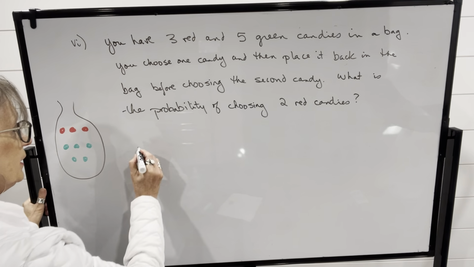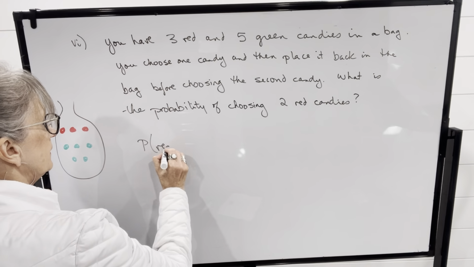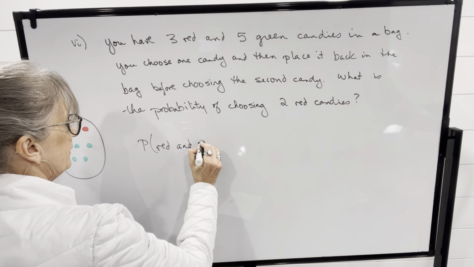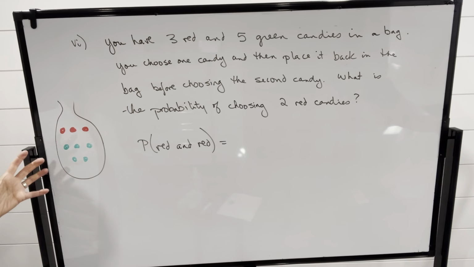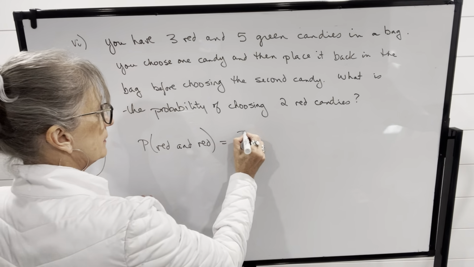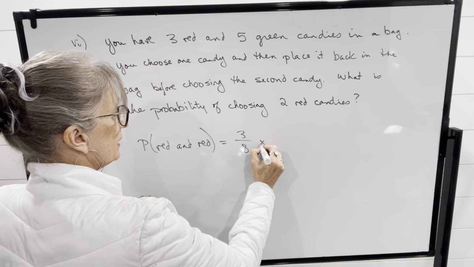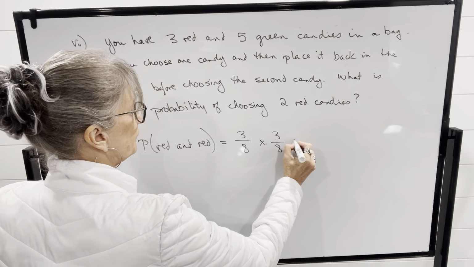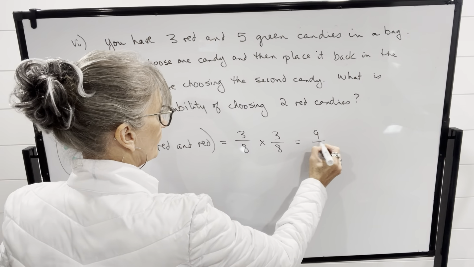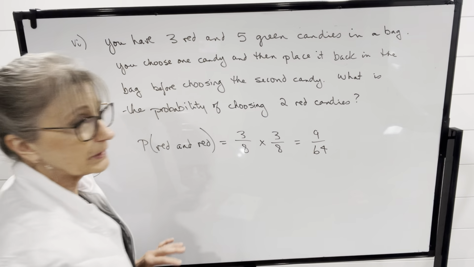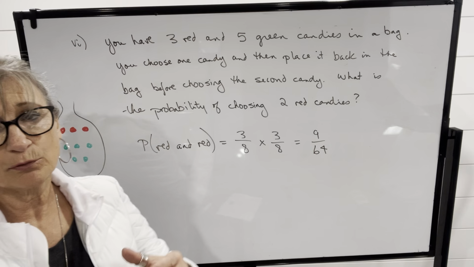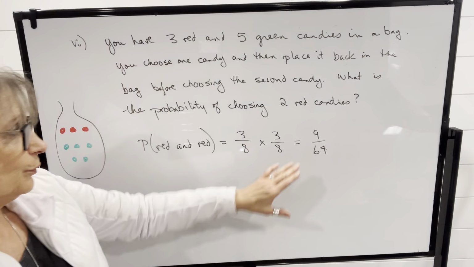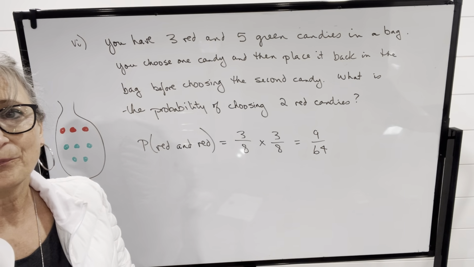So the probability of choosing red and red, when I've got the same candies to choose from each choice, would be 3 out of 8 for the first red, and then 3 out of 8 again. So the probability of choosing the first one red and the second one red when I put the first red back would be 9 over 64.